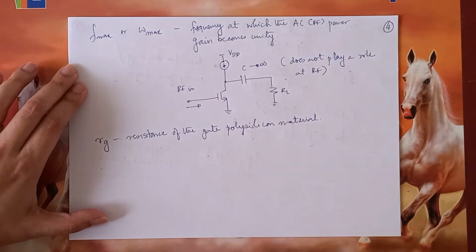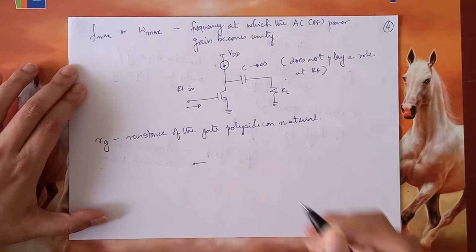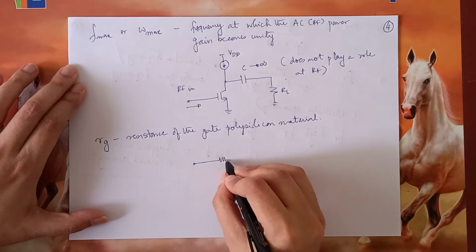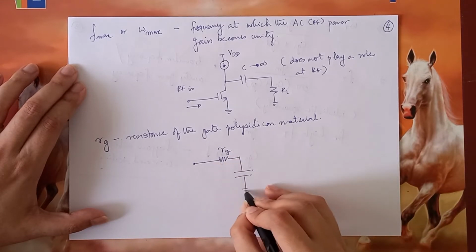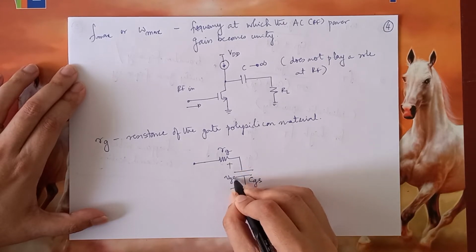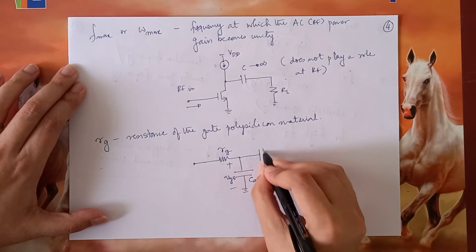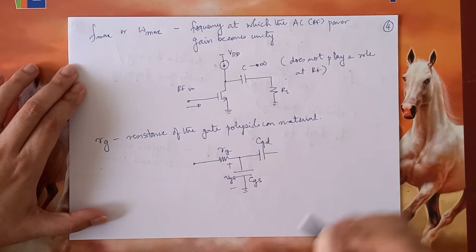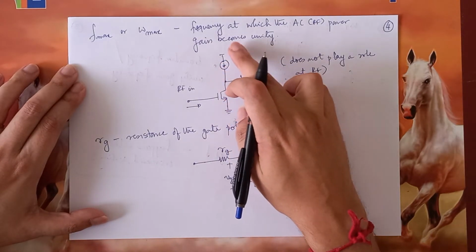So when we draw the small signal model of this equivalent circuit, we will say this is the input. There's a small gate resistance, we will call it RG. Here it is CGS. This is VGS. Then comes CGD. And this current source now does not play a role because it's DC.